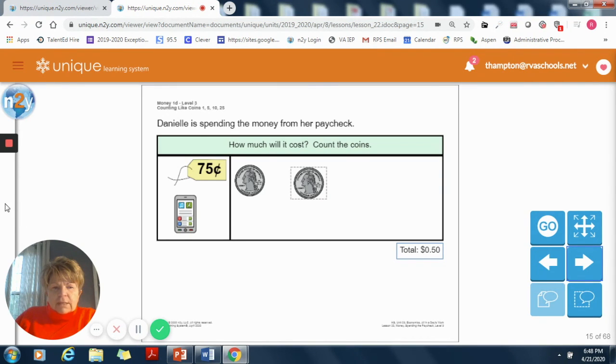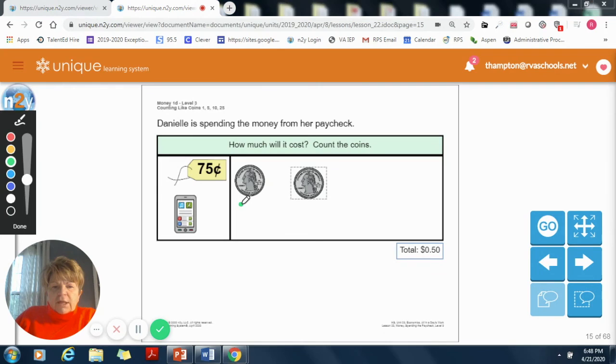Nope, I think my pen is hiding. There's my pen. It came out. So we have 25 plus 25. Now, if we write that up and down where it's easy to add together, let's see how much money we get. How much do we have all together?